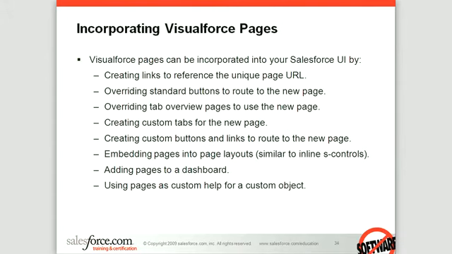So let's pretend we've created all these visualforce pages. And now they exist out there, but they're kind of free floating. Well, how can we incorporate those visualforce pages into our application? The way we can do it is to create either custom links and buttons within our existing application. Remember that we can create a custom link or a custom button in our object definition and then add it to a page layout.